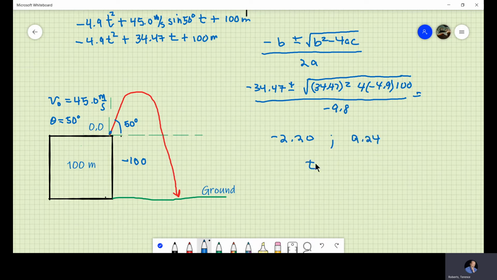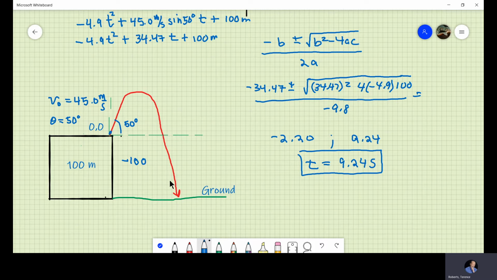So the time is going to be the positive one, 9.24 seconds. So that is the time it takes the projectile to be shot off the top of the roof, come down, and fall on the ground.